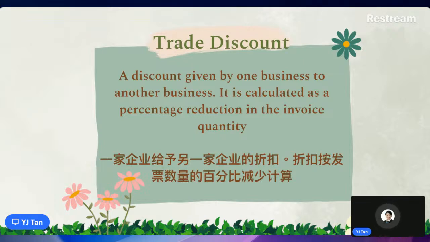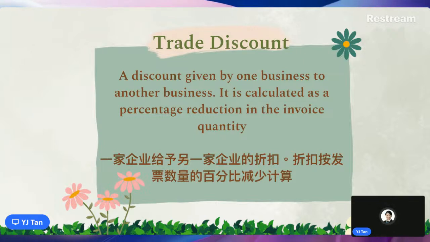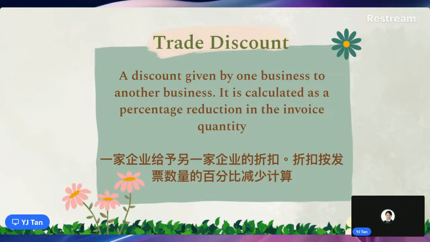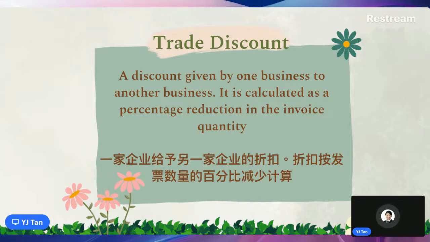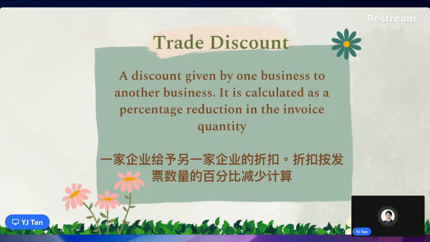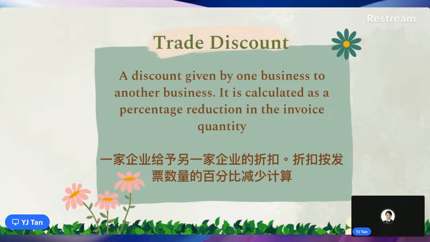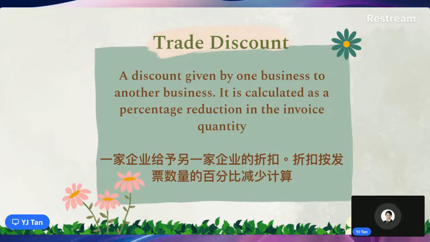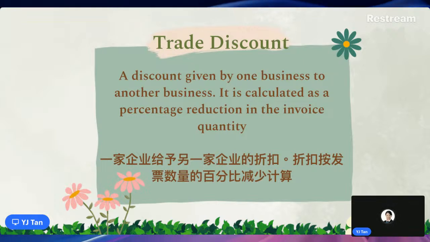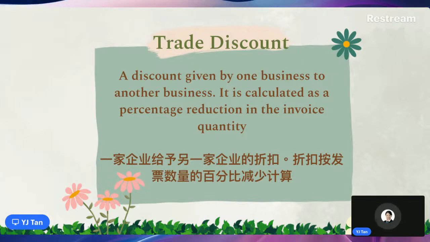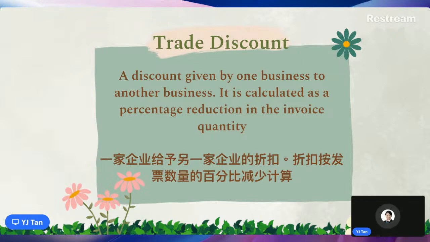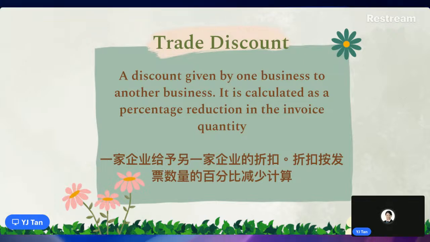So certain businesses will say that if you pay within a month, I give you a 5% discount, or if you pay in 3 months, then I give you a 2% discount maybe. This process is to encourage the customer to pay earlier. Why does a business need customers to pay earlier? It helps improve the cash flow so that they can use the cash to do other transactions.